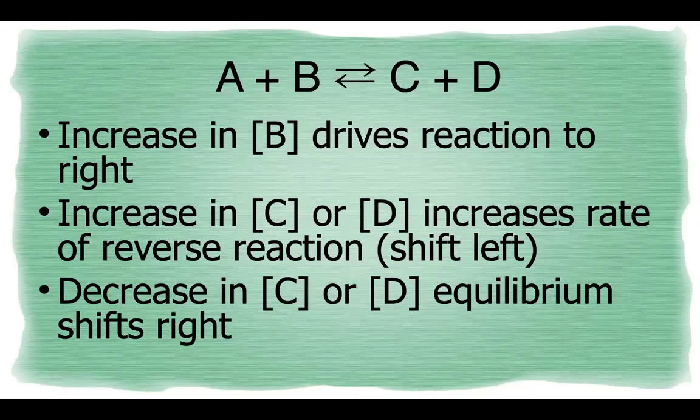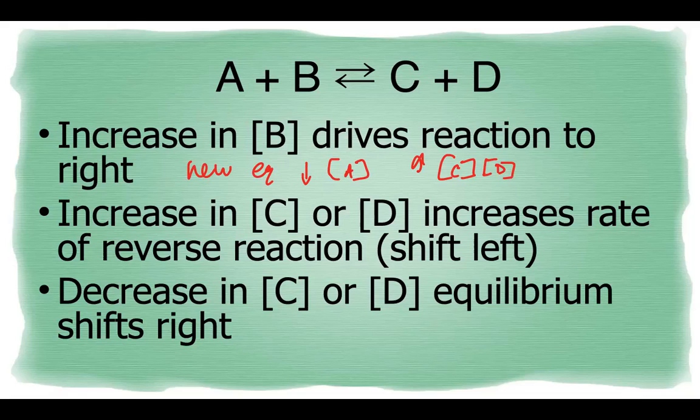If we increase the concentration of B, same effect. It's going to shift equilibrium to the right, and you're going to reestablish equilibrium. So the new equilibrium will have a lower concentration of A and a higher concentration of C and D. So that's why I want you to think of it as step by step, okay?